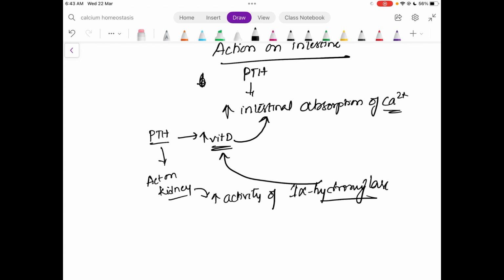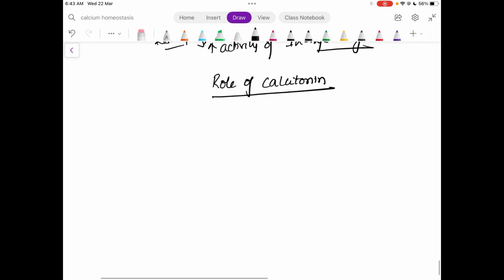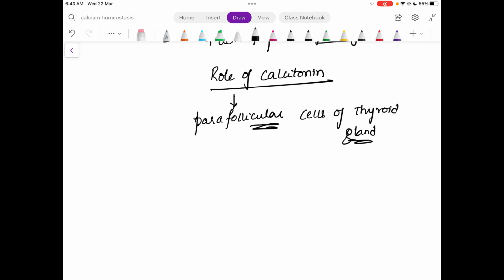So this is about PTH, parathyroid hormone. Next, we'll see the role of calcitonin. This calcitonin is released from parafollicular cells of thyroid gland.